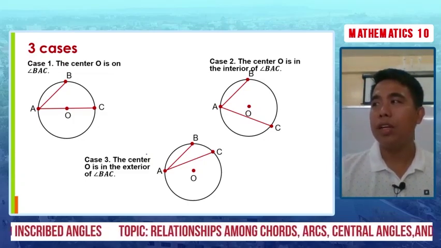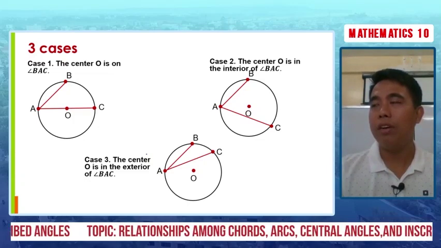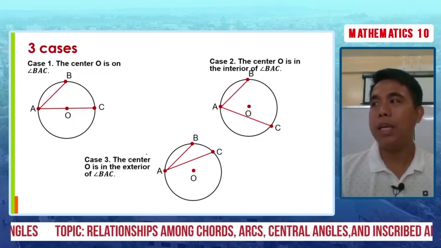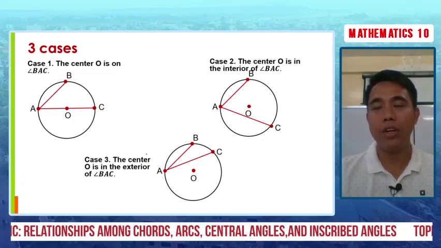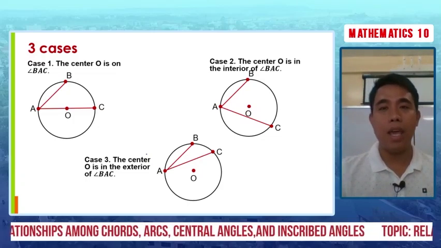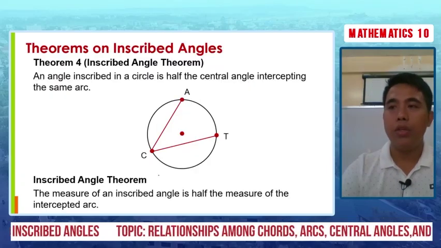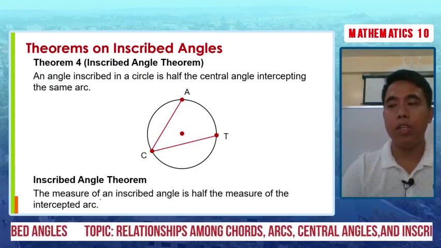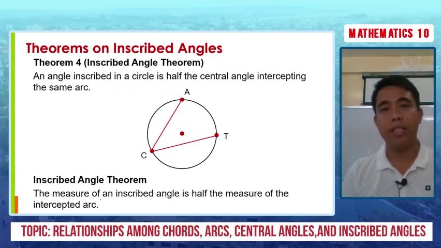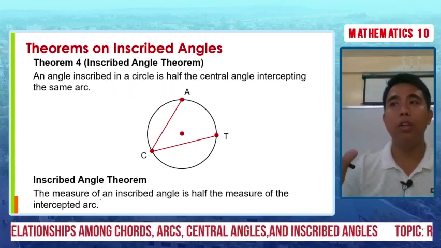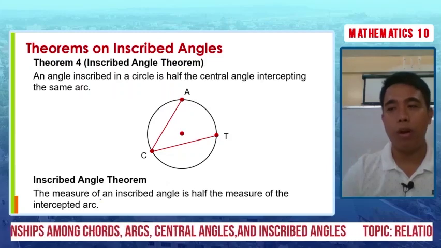Case 2, the center O is on the interior of angle BAC. And case 3, the center O is in the exterior of angle BAC. So yung inscribed angle theorem, the measure of an inscribed angle is half the measure of the intercepted arc, is a corollary of Theorem 4.